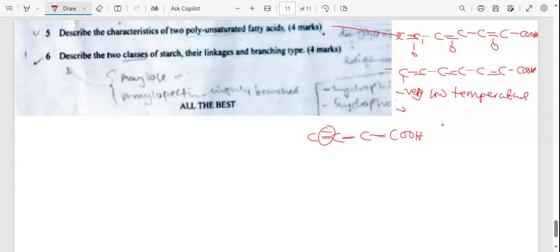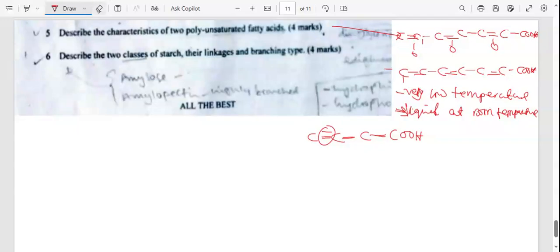They are also liquid at room temperature.